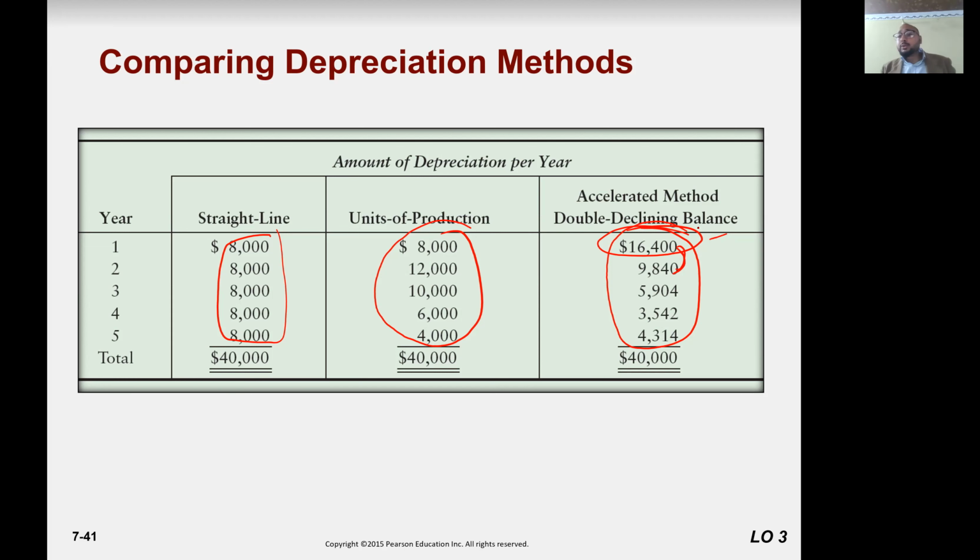So which method is used for which type of purpose? Normally the double declining method is used for technologically oriented machineries, for example producing mobile phones, whose technology is going to be obsolete after 2 or 3 years. So it's better to use the double declining method.